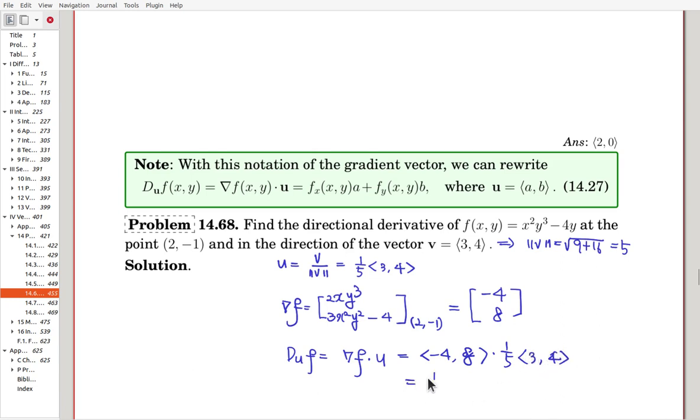So we have 1 over 5, the constant, and this multiplication is -12. That one is 32. This is 20 divided by 4. So that is divided by 5. So the final answer must be 4.